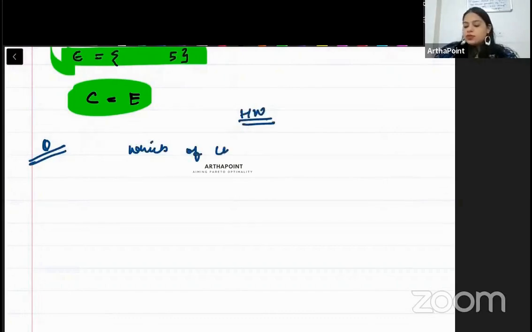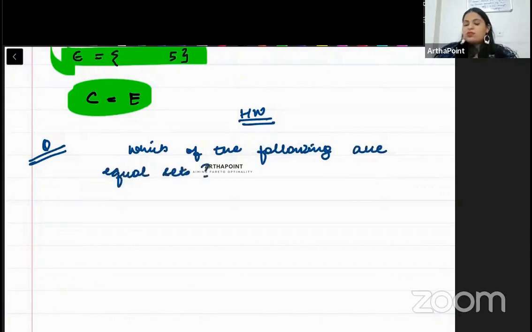Okay. Now beta, come to the next question. I am giving you this as a homework. Please try to do this on your own. So you have to tell me which of the following are equal sets, right? Which of the following are equal sets? So एक लिख लो जरा first part इसका.